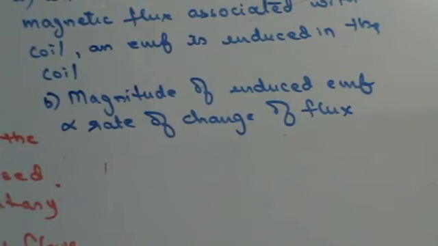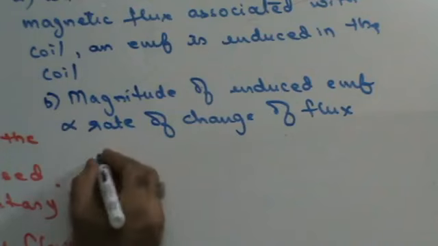Now on the basis of this, I can therefore say that if the magnetic flux linked with a coil changes with time, an EMF is going to be produced.